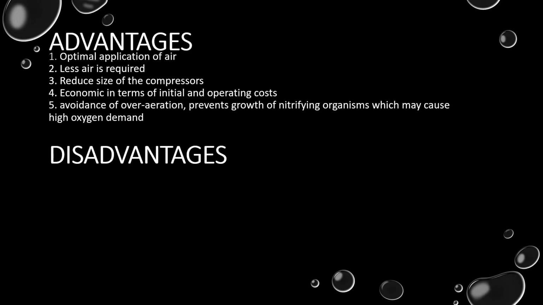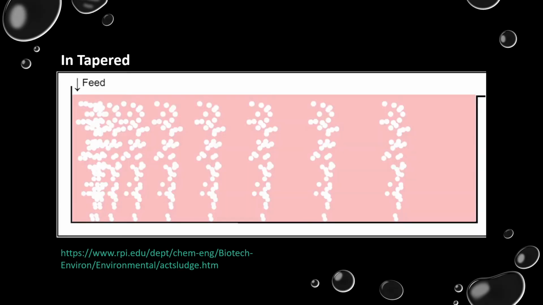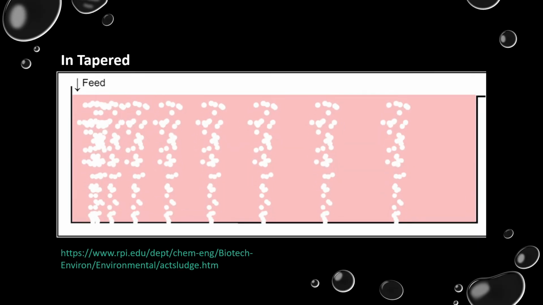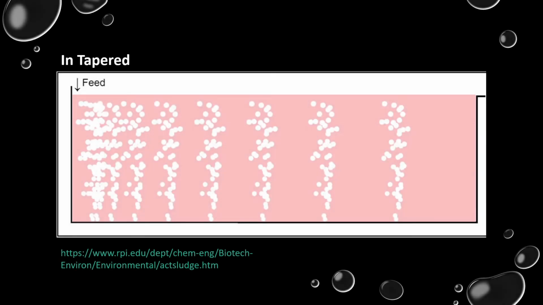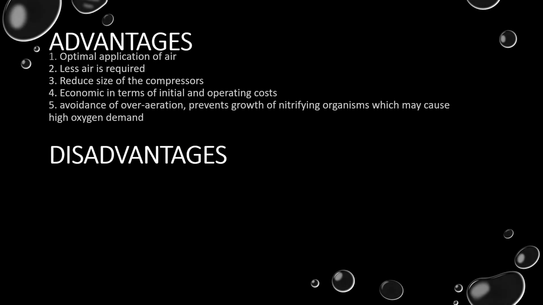Mangyayari kasi kung sa conventional ay constant lang ang nakikita natin kanina guys, di ba? Sa conventional, constant lang ang oxygen supply throughout the tank. Pero ang mangyayari kasi sa BOD, pag meron na siya near the outlet or in the middle, habang ang ating oxygen supply ay constant, pababa din ng pababa ang ating oxygen demand, no?